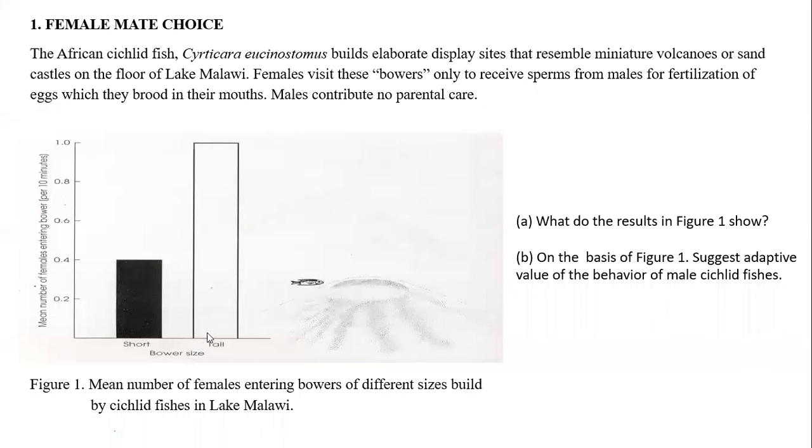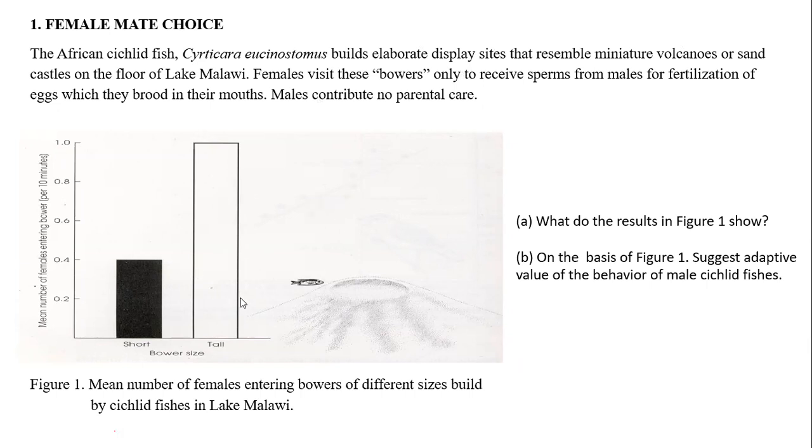So building tall castles versus short ones means that the males that build long or tall castles will be visited most by females. And I think now this is where our knowledge of biology or science becomes important, because we have read from the background that this context is about reproduction.